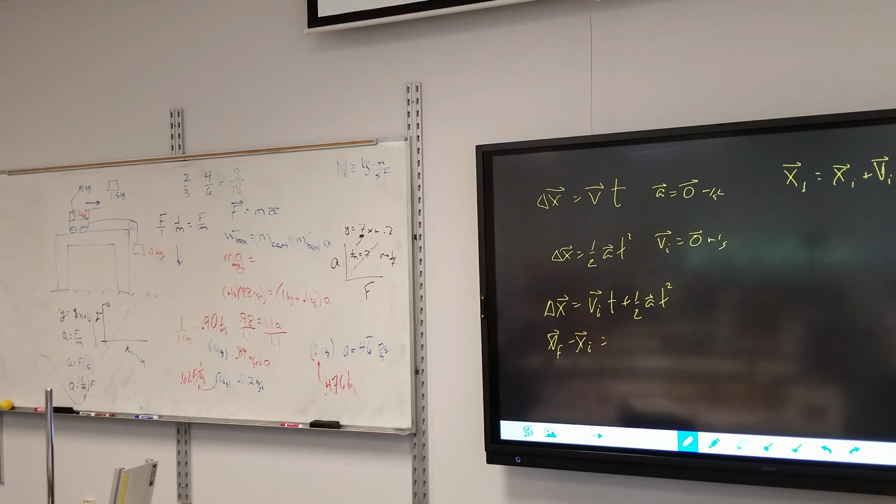I'm going to write it slightly differently, because if time is independent and x is dependent, I'm going to drop the vector notation. I basically have position equal to some initial position plus a term, actually I want to write it in the other order.